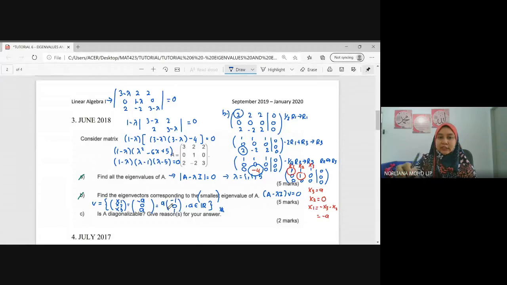Kena check dia punya AM lah kan, AM. Algebraic multiplicity for lambda equal to 1, we have 2. AM equal to 2.